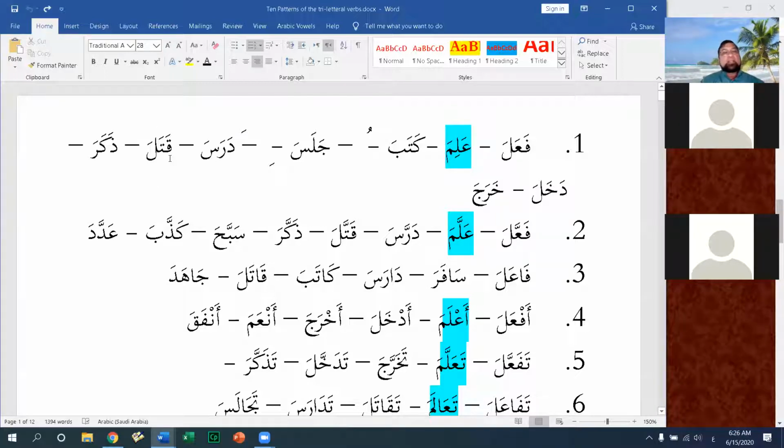The killer killed the one that was killed. ذكر، ذاكر، مذكور. دخل، داخل، مدخول. خرج، خارج، مخروج.